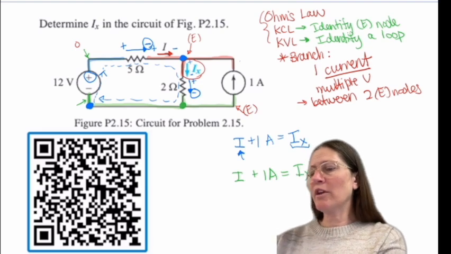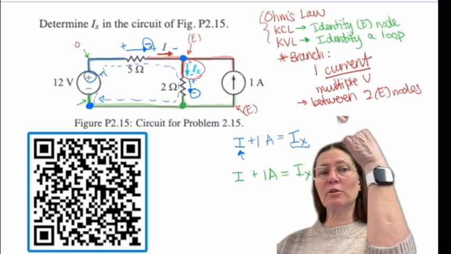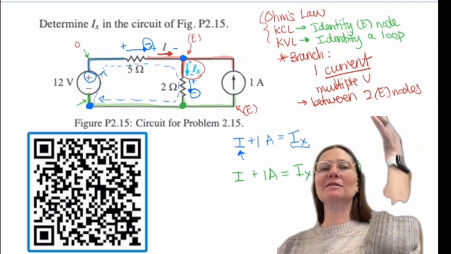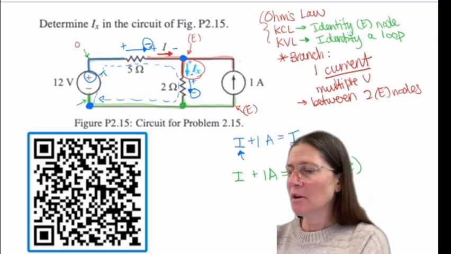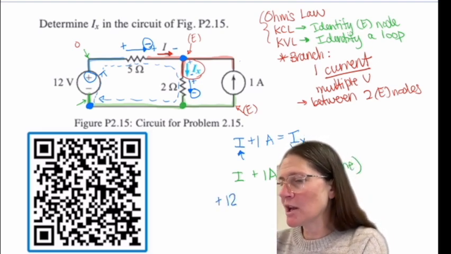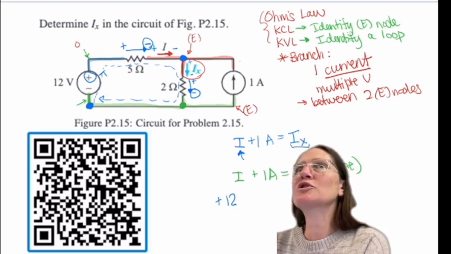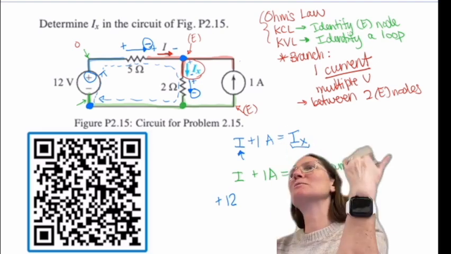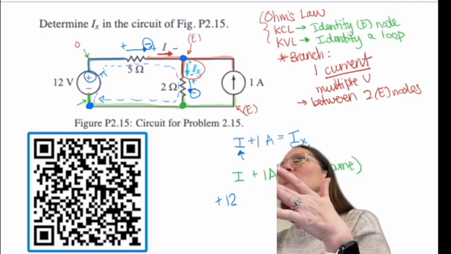So as I go around that loop, I started on the left, I go through the 12, I go through the 5, I go through the 2, and it's a plus, minus, minus. So plus 12, and then a minus of the voltage there, and I can label that as a voltage if I want, or I can do Ohm's law in my head right away.